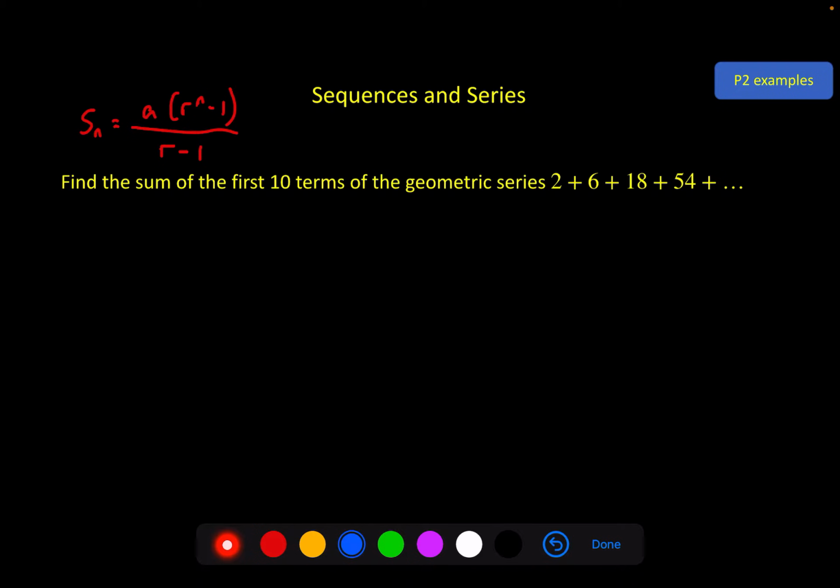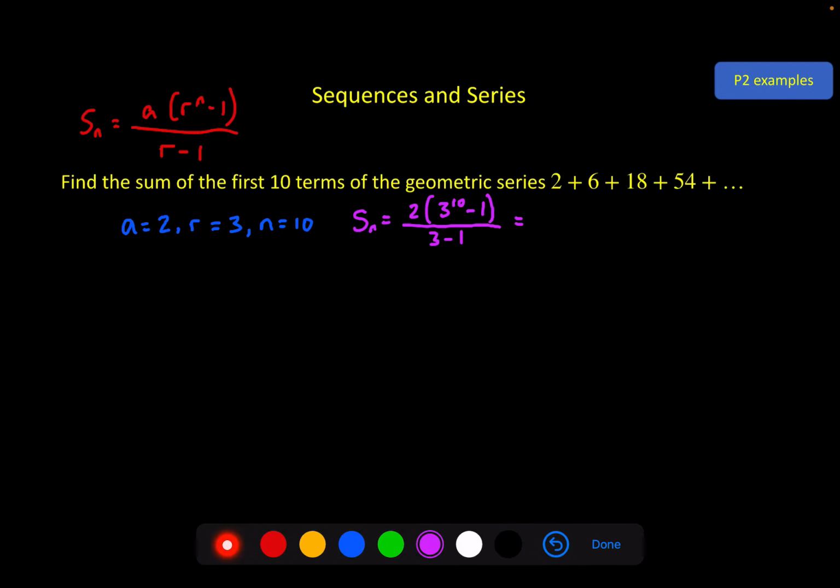Okay, first of all, as with the arithmetic, get your information. a is 2, r is, in this case, 3, and we want 10 terms, so n is 10. Then we've got everything we need, bang it in the formula. We've got 2 times (3 to the power of 10 minus 1) over (3 minus 1).